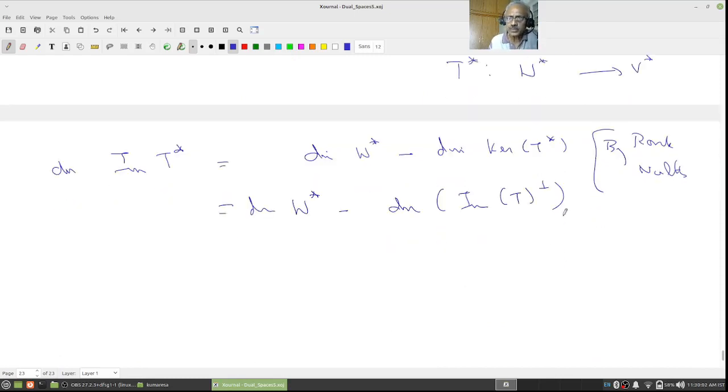Now what do I know? Image of T is a vector subspace of W, and we have already seen that dimension of W equals dimension of image of T plus dimension of image of T perp.